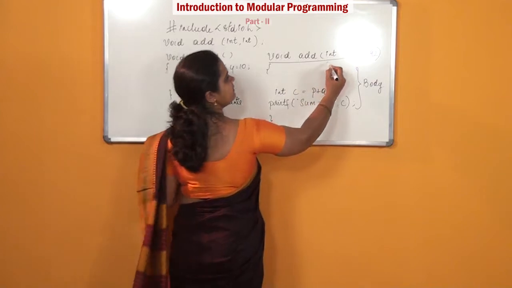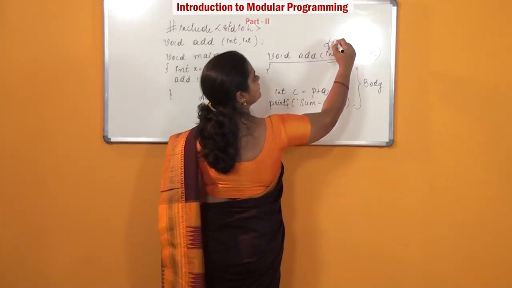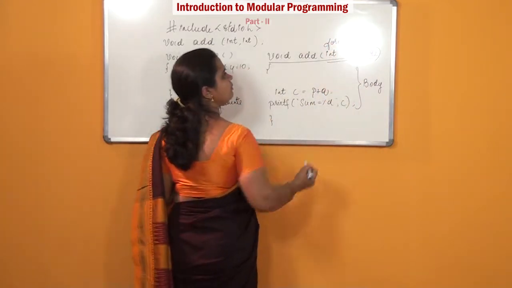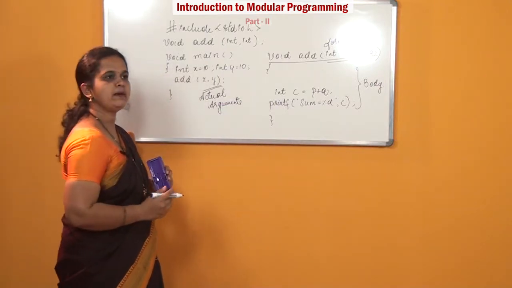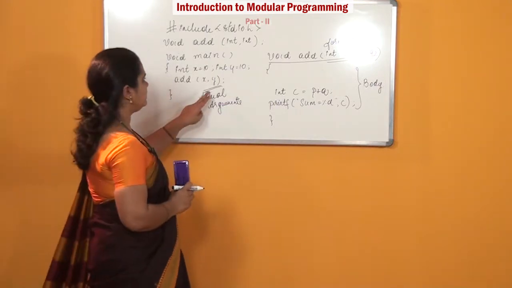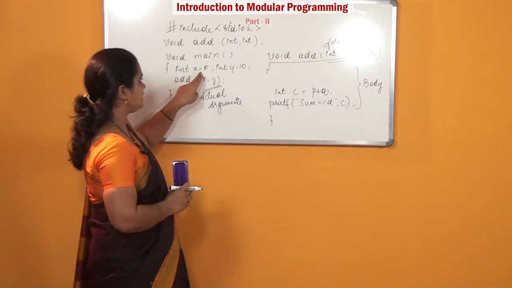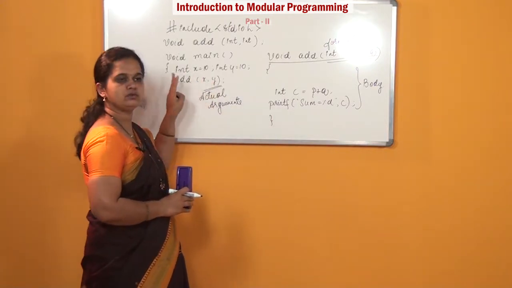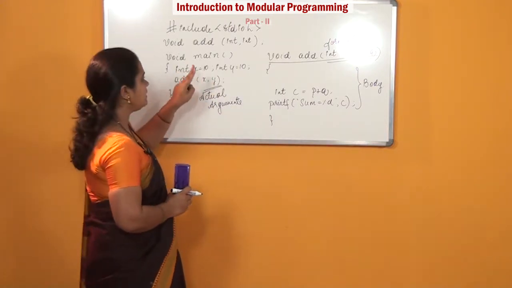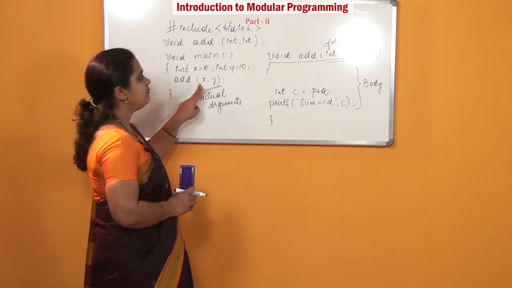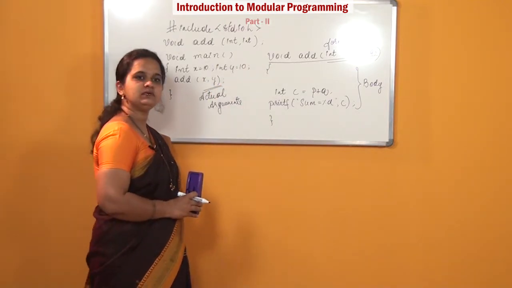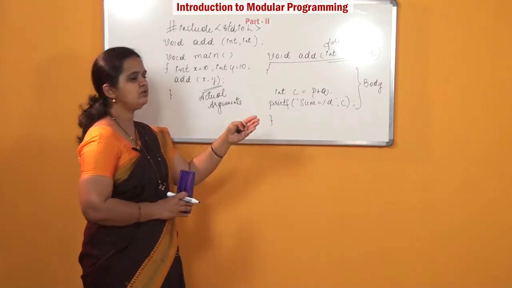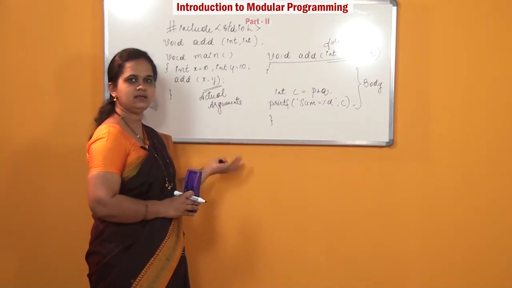Here in this example, these are called formal parameters. The formal parameter can be anything. Here I am passing x and y, which are declared in the main function. The same variables that I have declared, I have to pass here. But the formal parameters need not be p and q; they can be a, b or c, d, anything.